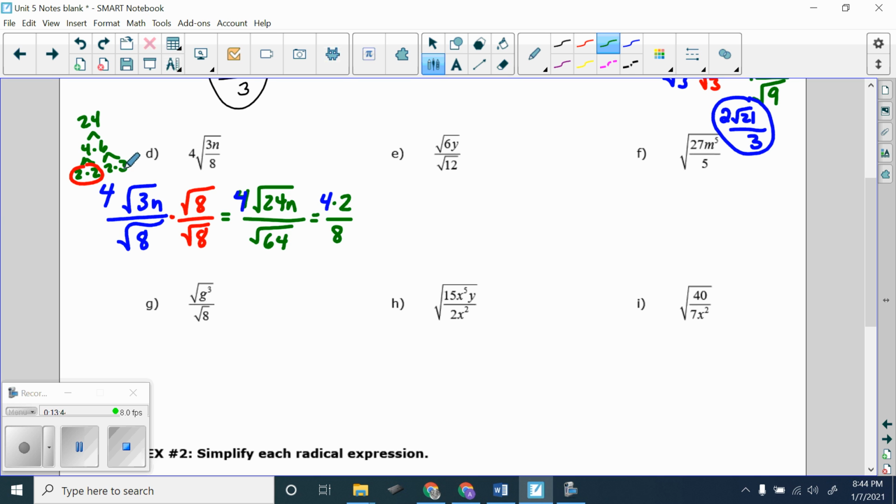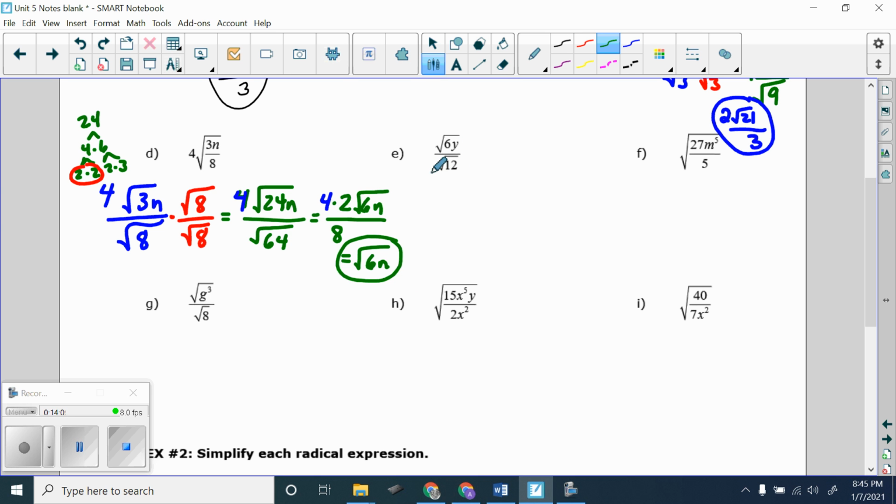And then the 2 times 3 and the n stay underneath. That's 6n. Now what happens here is I have 8, 4 times 2 is 8, divided by 8. So my final answer is just the square root of 6n. Because this 8 on top divided with this 8 on bottom. And so I was just left with the 6n.